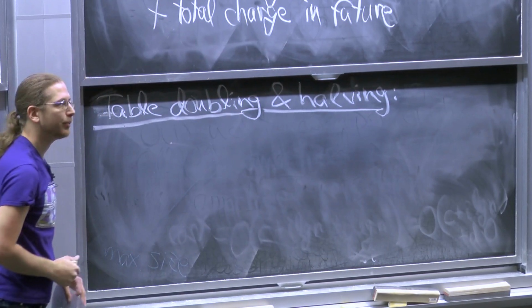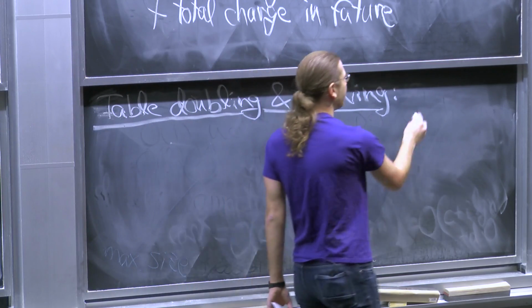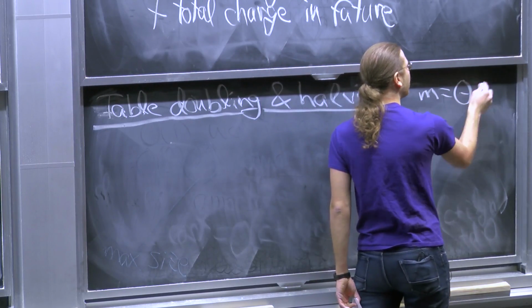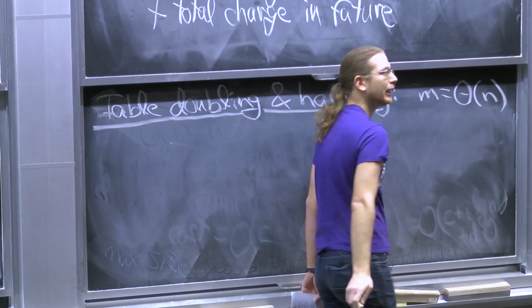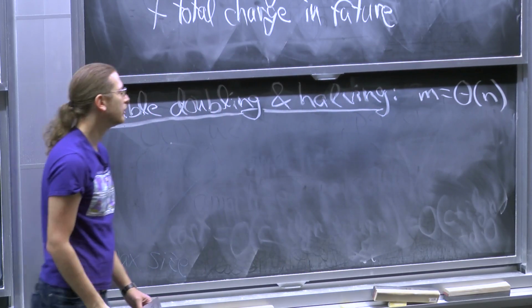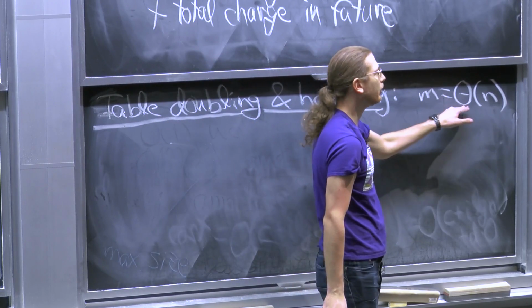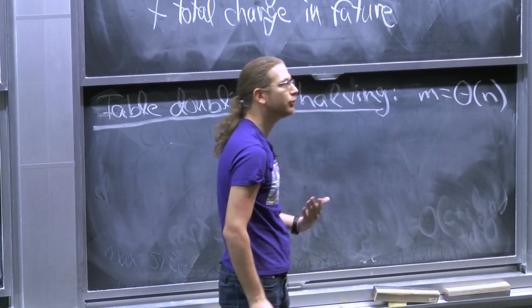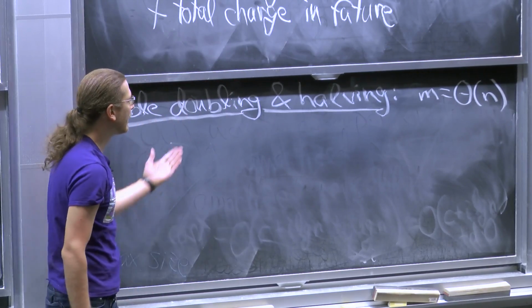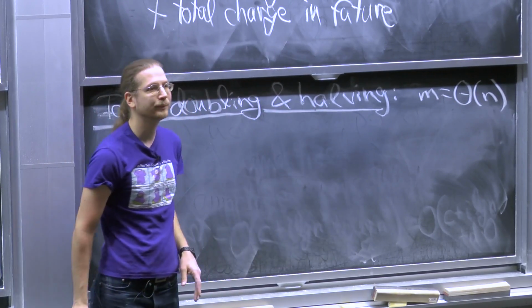Let's say I want to maintain that the size of the table is always within a constant factor of the number of items currently in the table. If I just want an upper bound, then I only need to double. But if I also want a lower bound, if I don't want the table to be too empty, then I need to add table halving.